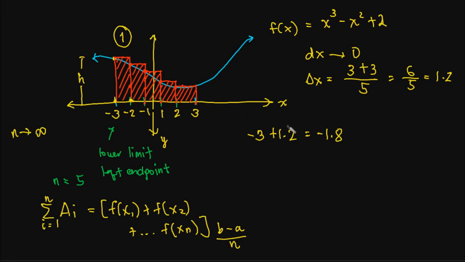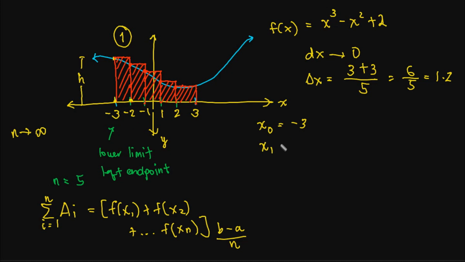Okay, so kung gusto nyo, actually we can write that, each of them, from x sub 1 to x sub n. We can say, for example, yung ating x sub 0, kasi yun yung lower limit. So we start with negative 3, okay?